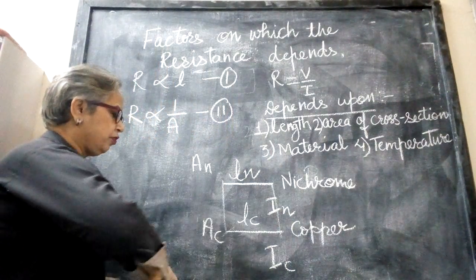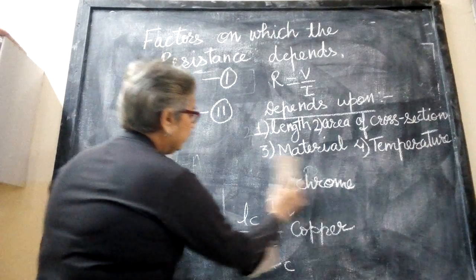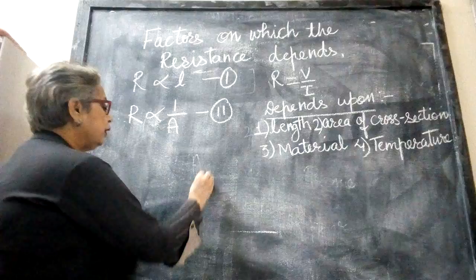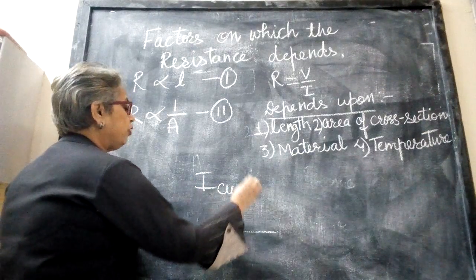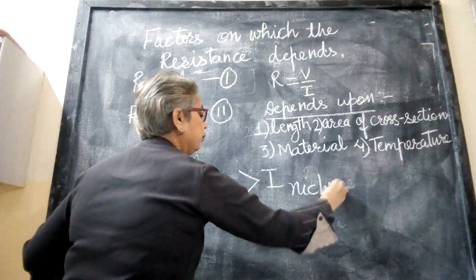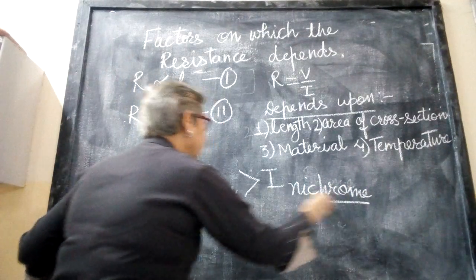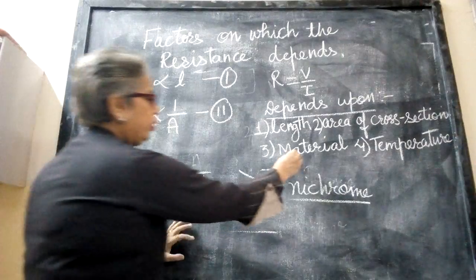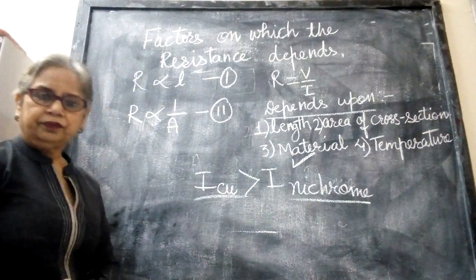What is your observation? That the current through the copper wire is greater than the current through the nichrome wire. It means the resistance also depends upon the material.